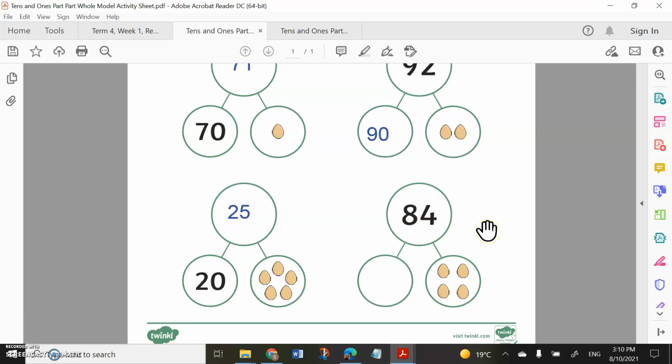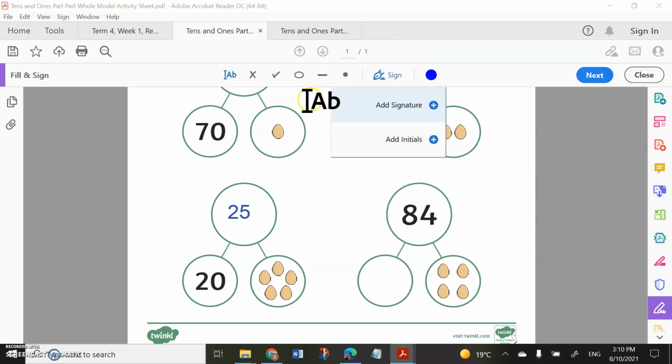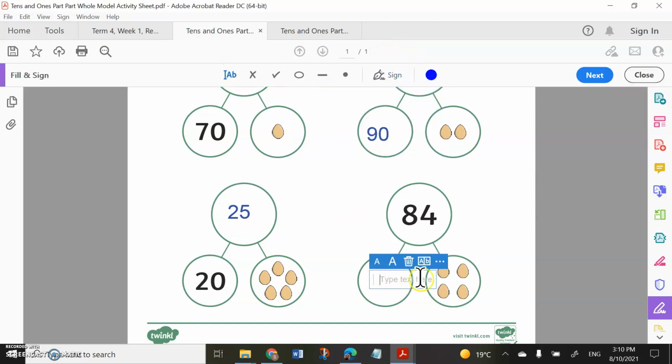So an 8, let's do our skip counting again to work out what that means. What does 8 groups of 10 make? Ready? Let's count together. 10, 20, 30, 40, 50, 60, 70, 80. There we go, 80. So I know that I need to write the number 80.